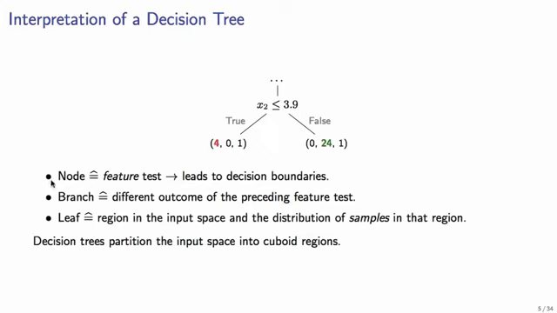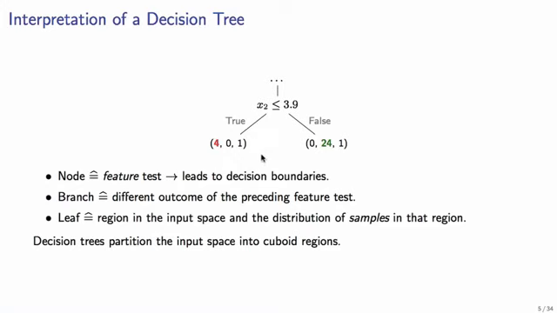In a decision tree, we have nodes, like this one right here, and each node corresponds to a feature test and leads to decision boundaries like we've seen before. So right here, we would split on the second feature, and the value we would split at is 3.9. This feature test can have two outcomes, true and false. And this corresponds to the two branches for the preceding feature test.